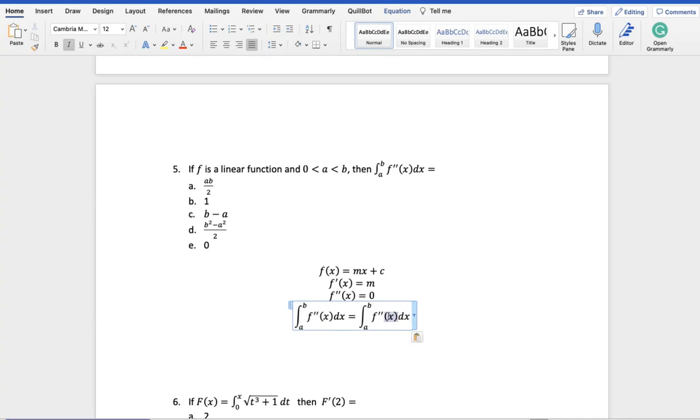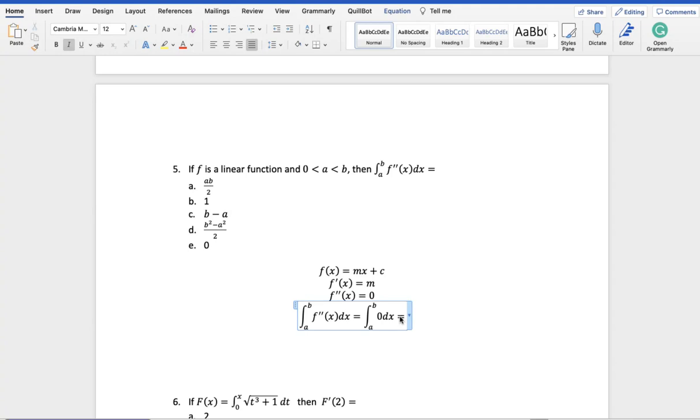So basically what they are asking you to do here is to integrate 0 dx, right, between a and b. And what do you think this is equal to? Just think about it and tell me. I think it will be 0 as well.